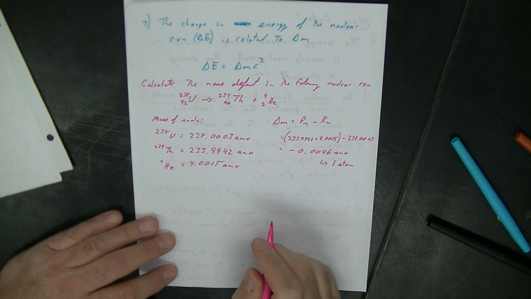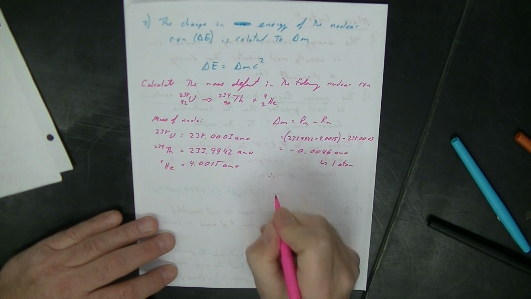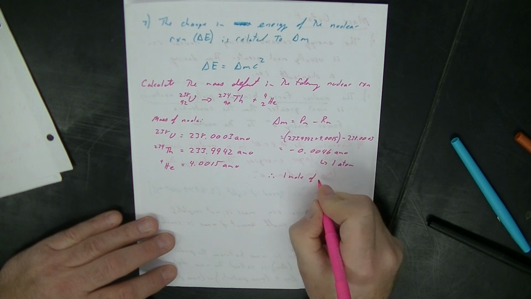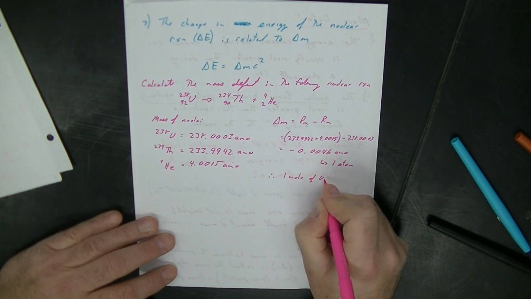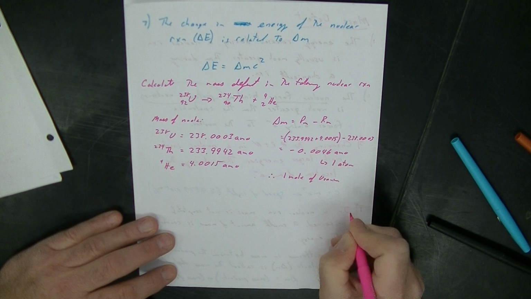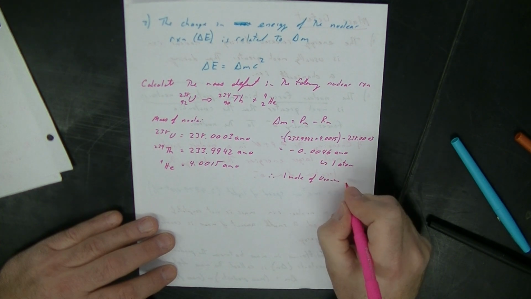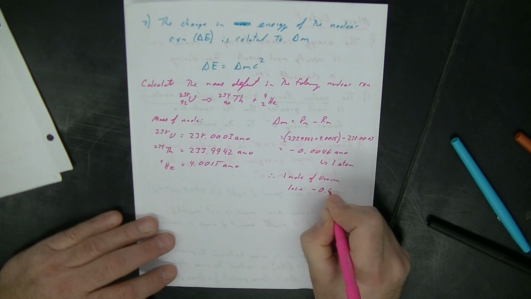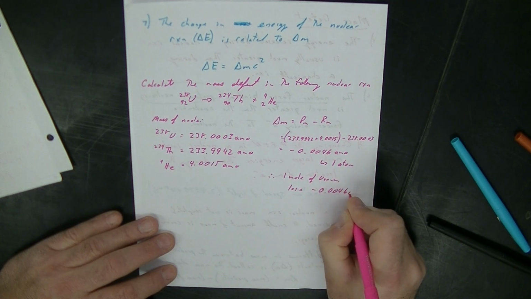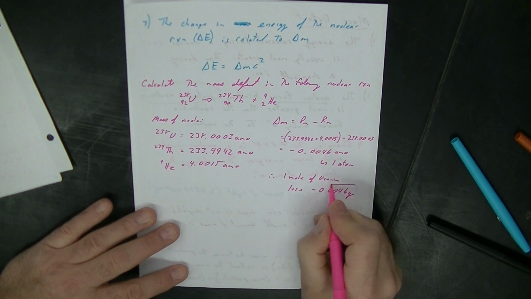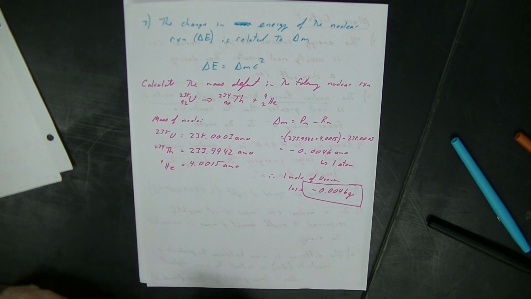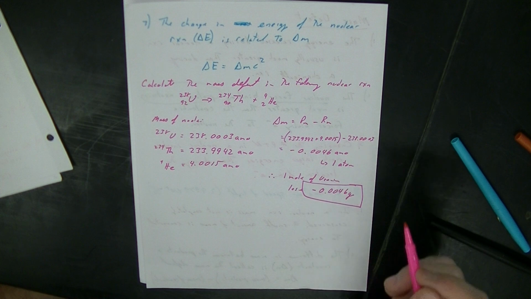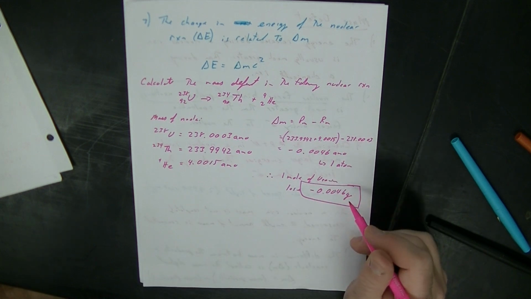Well, what if we have 1 mole? If we have 1 mole of uranium, we would lose 0.0046 grams. That would be our mass defect. So where is that going?